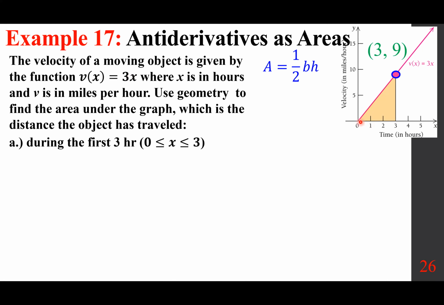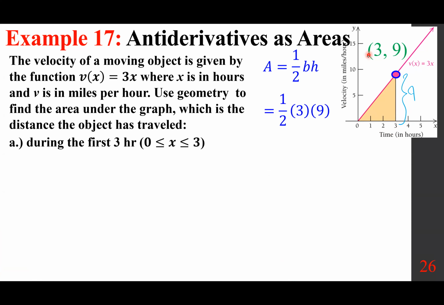So this is a right triangle. So the base is 3. So the height is 9. This distance is 9. Again, by no means is this to scale. So just plug in 1/2 base, which is 3, height, which is 9.